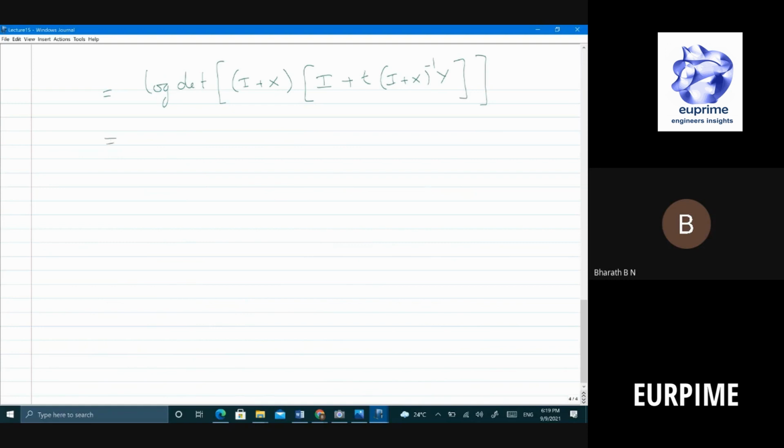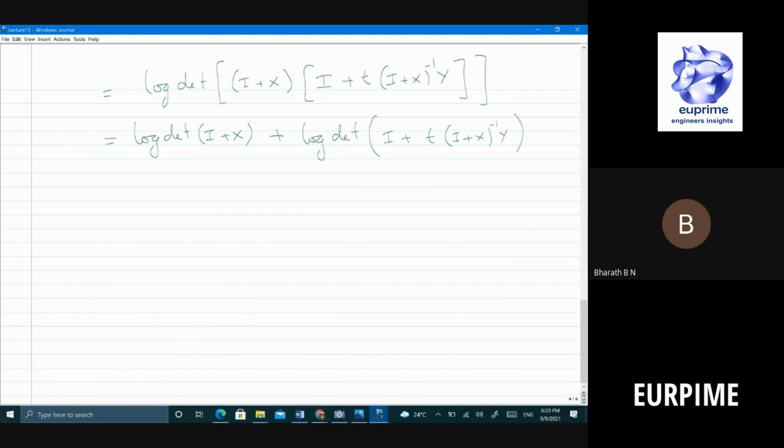So log of a product is the sum of logs, right? So I'll have this, plus, what is the next term? The next term is this: identity plus t times identity plus x inverse y. Okay. What is the next step?